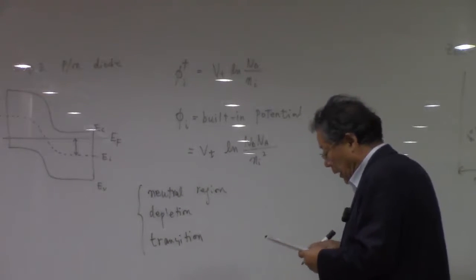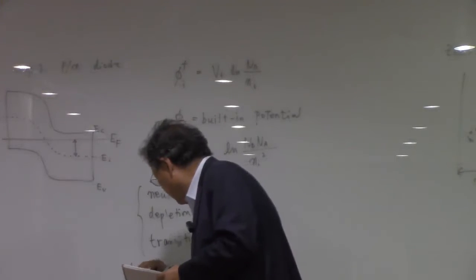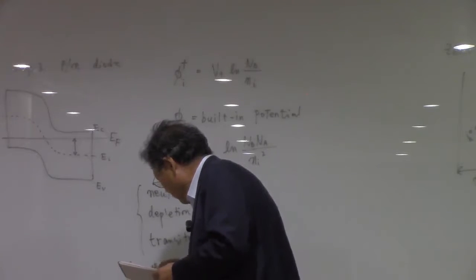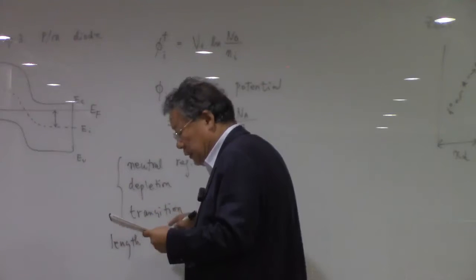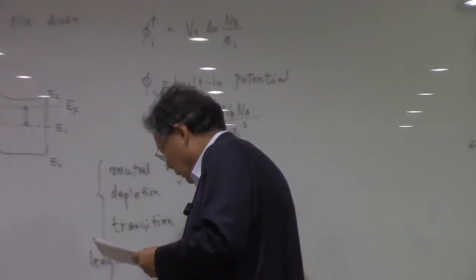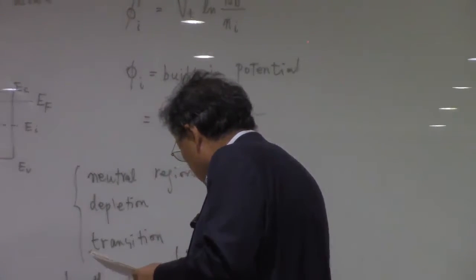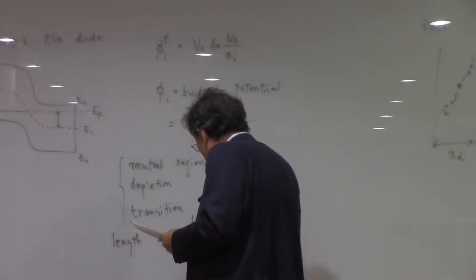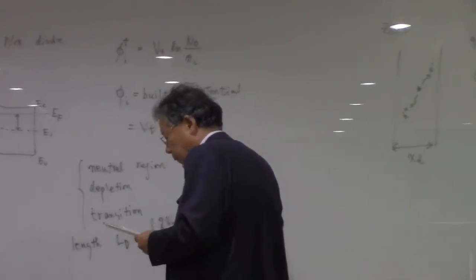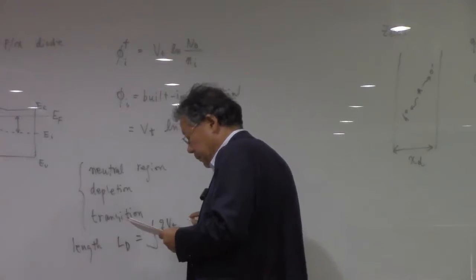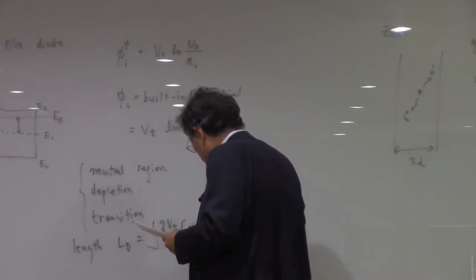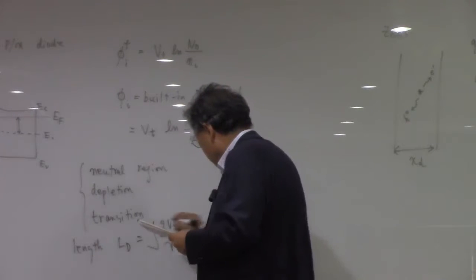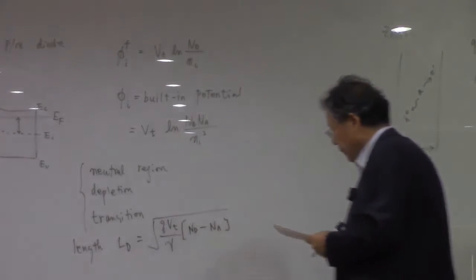And the transition regions, we have discussed the length of this transition, LD, as the square root of Q Vt over gamma Nd minus Na, something like this, right?